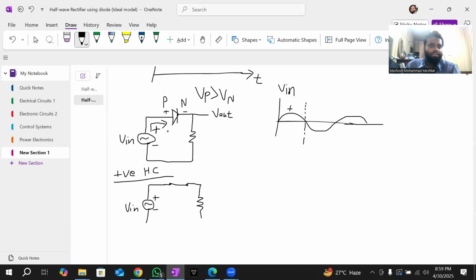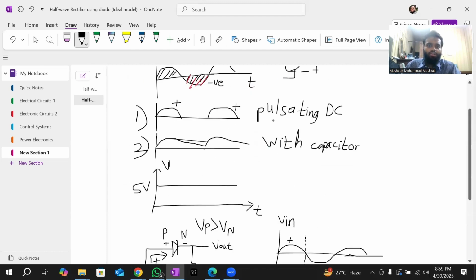So the diode will let it pass through as well. And our output is over here. You can see that the input that is coming completely goes through to the output. The voltage gets dropped across the resistor, the full voltage with no loss, and this is obviously the ideal model case.